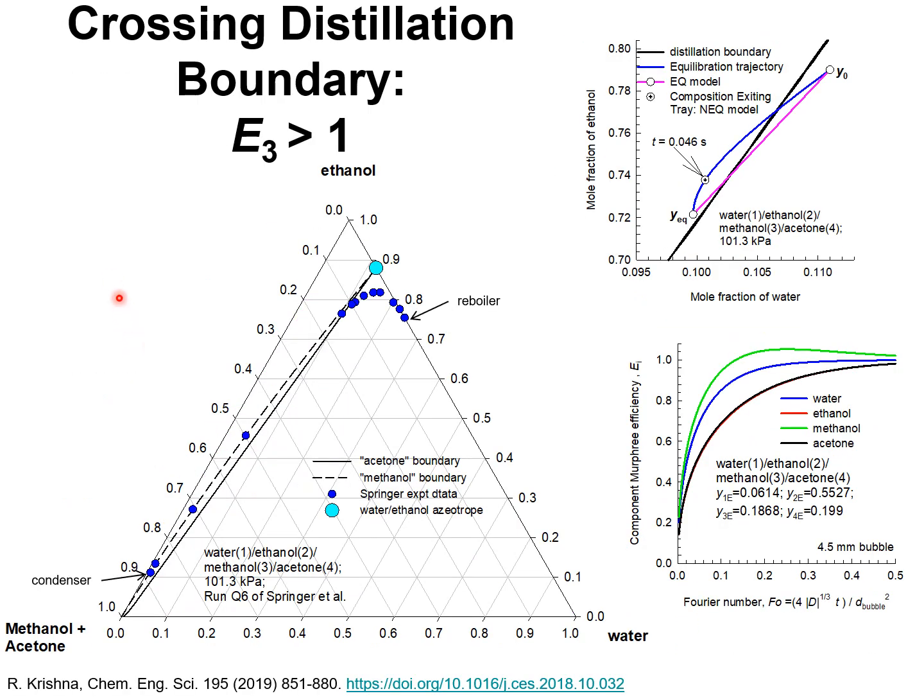Let us examine now another set of experiments carried out by Springer in his PhD dissertation. This is for a quaternary mixture of water, ethanol, methanol, and acetone. The experimental data are plotted using these blue circles in ternary composition space, where the compositions of methanol and acetone are combined.